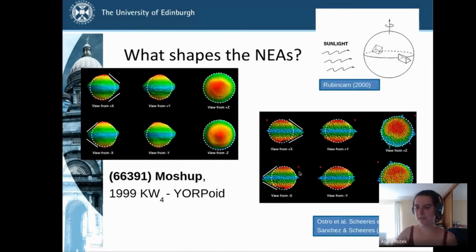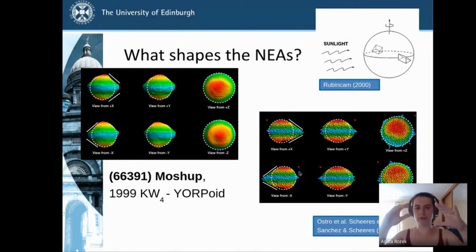And the YORP effect also has influence on the asteroid morphology. So what I study is asteroid shapes. And what YORP can do is spin up the objects. And now asteroids are made up of loosely bound piles of rock. And as those piles of rock get spun up and they rotate, they change their shapes.